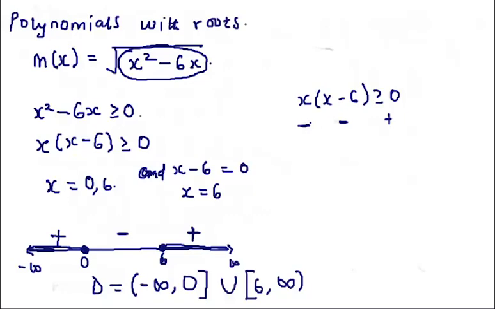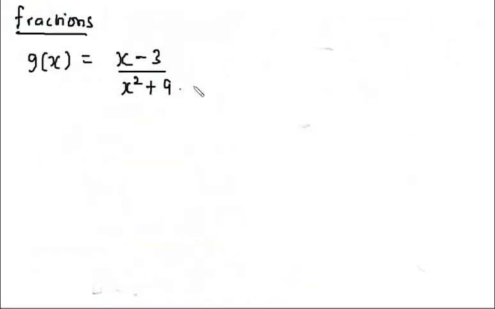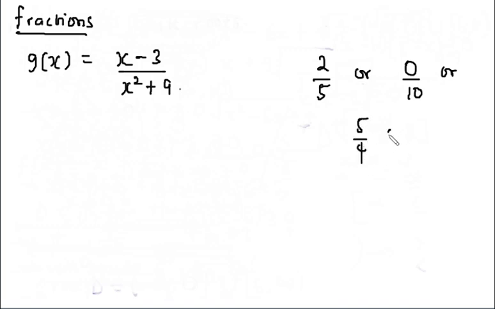So let's do another example. For the next set of examples, we have fraction-related functions. Before you start solving fraction-related functions, there's one thing I want you to know. You can have fractions of 2 over 5, or 0 over 10, or 5 over 4, or minus 5 over 6.